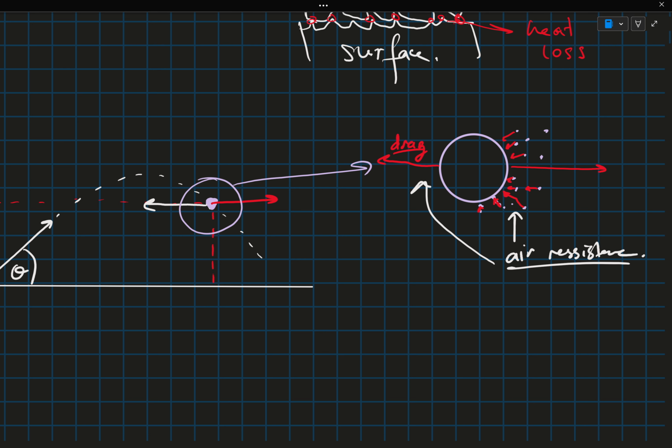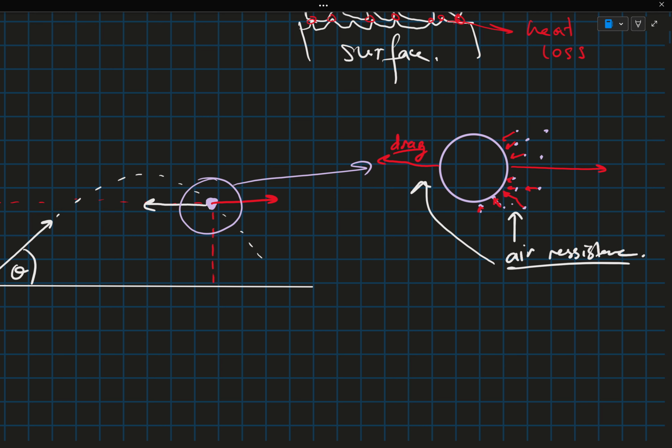So as an object moves through a fluid, it experiences a resistive force known as drag. And remember that drag arises due to the viscosity of a fluid and differential pressure between the front and rear surfaces of the object.